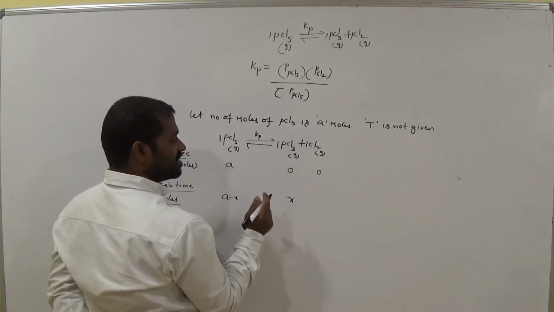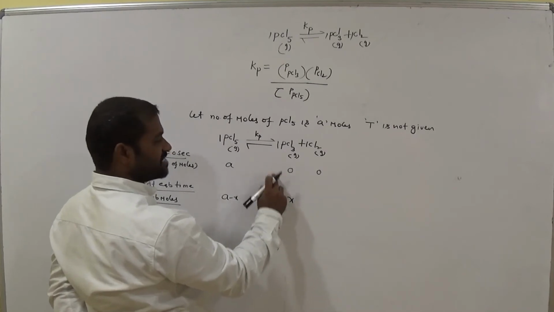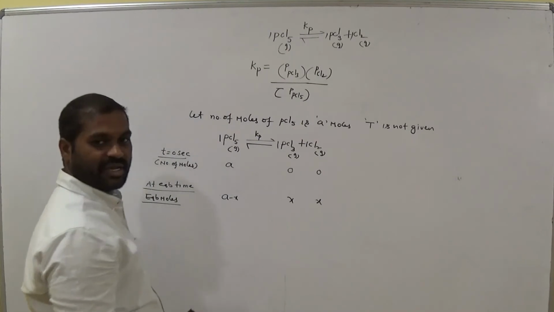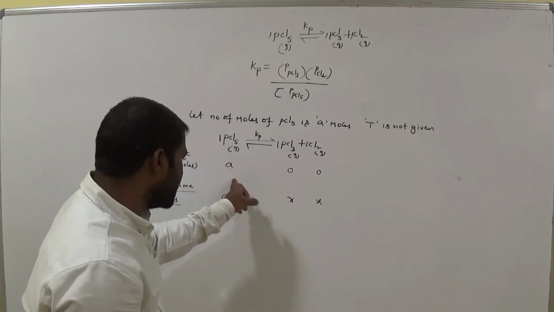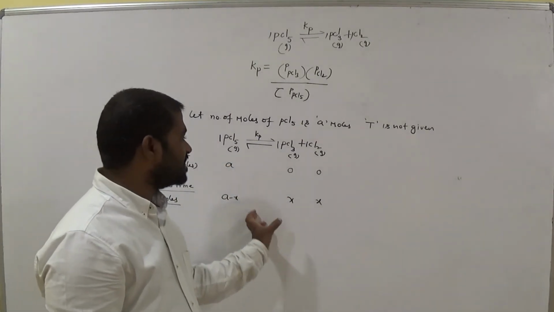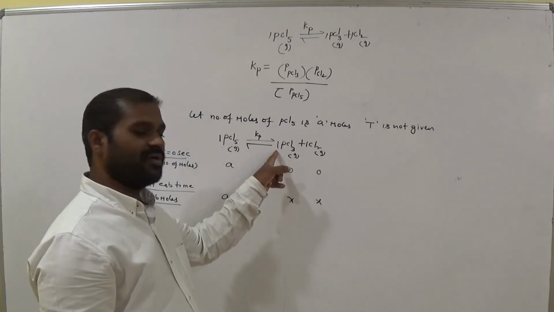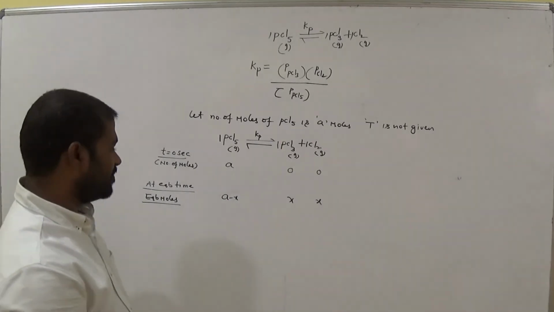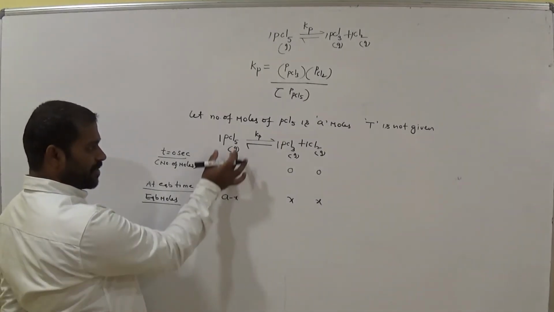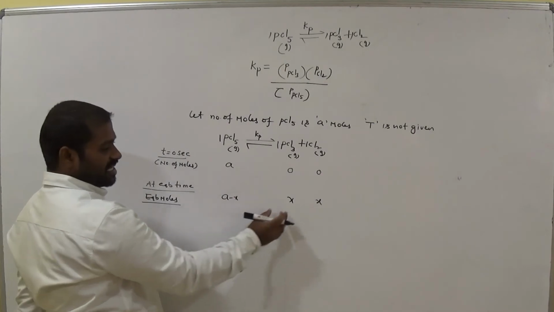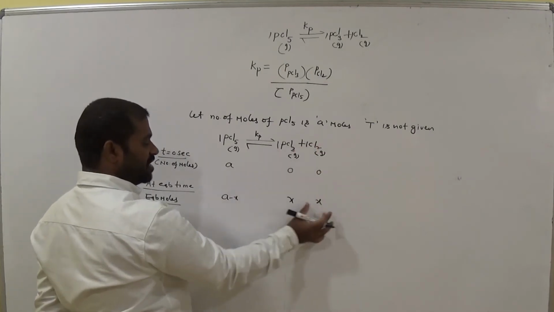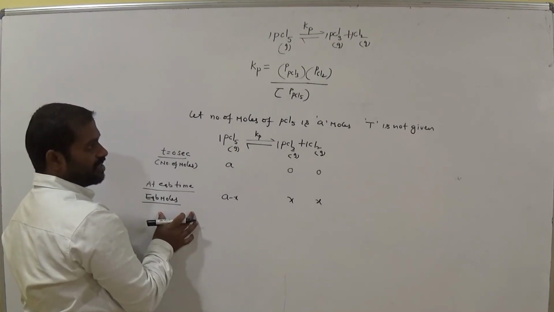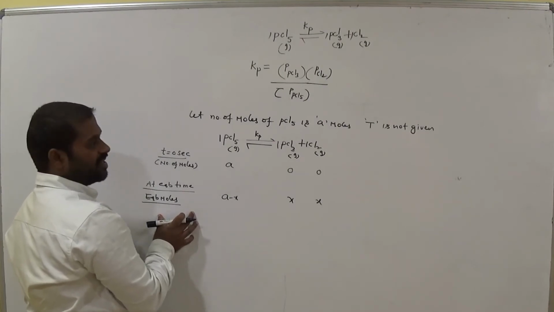Because 1 into X. X moles decrease, that is X into 1, X, and here also 1 into X. Suppose X moles decrease from here, that is converted into the products. Here how many moles do we have? 1, so 1 into X, X. Here 1 into X is X. Is it clear? So now these are the number of moles of PCl5 at equilibrium, and these are the number of moles of PCl3 and Cl2 at equilibrium. Am I right? Is it clear? Everyone?